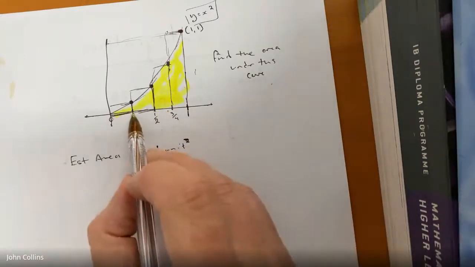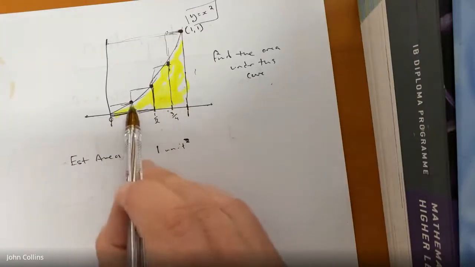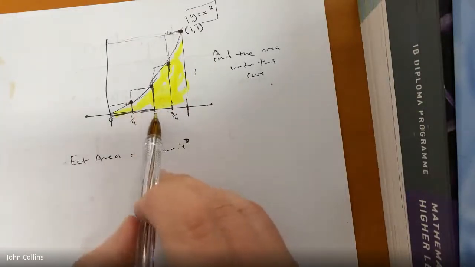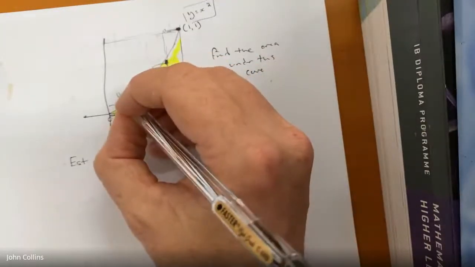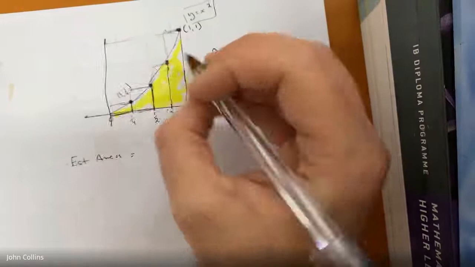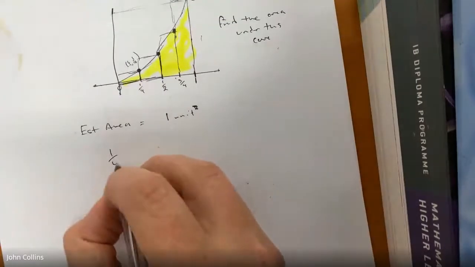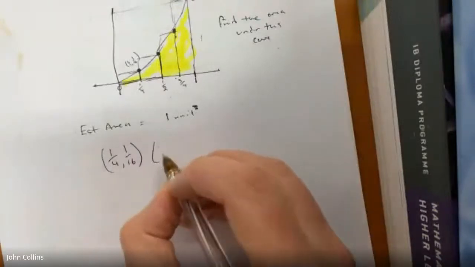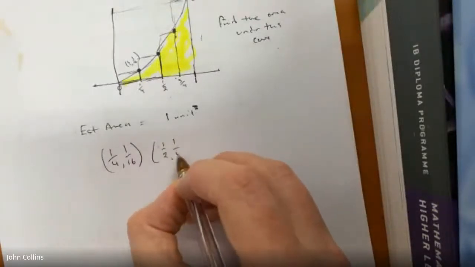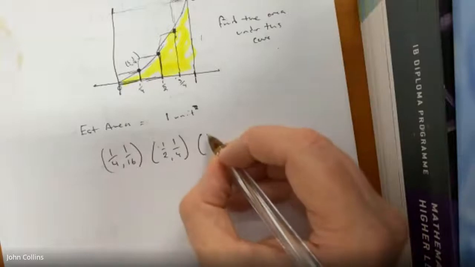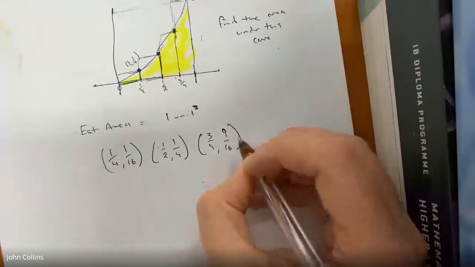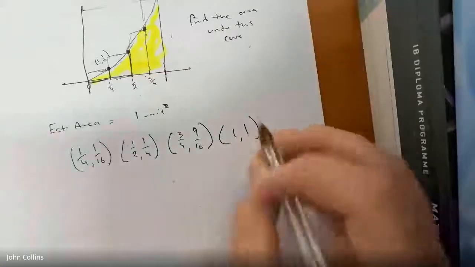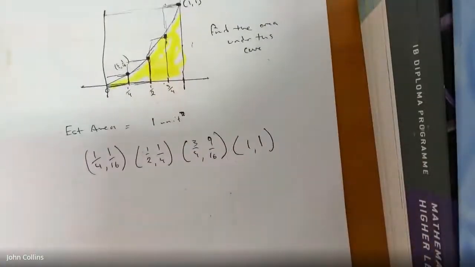A quarter squared is 1/16. I'll write them here so it's larger. Quarter, 1/16 is the first point. The second point is a half, and that squared is a quarter. The next point is 3/4, and that squared is 9/16. And the last point is still 1, 1, isn't it? The one right up here. So that's it split up into quarters.